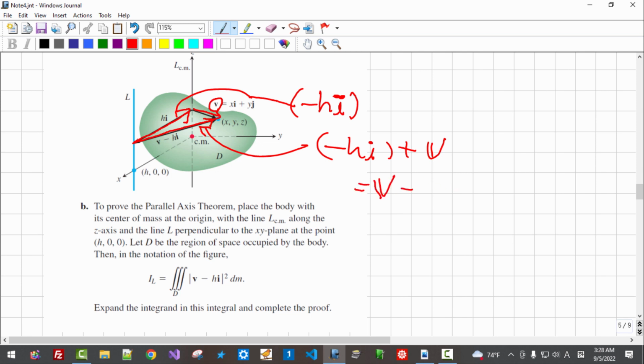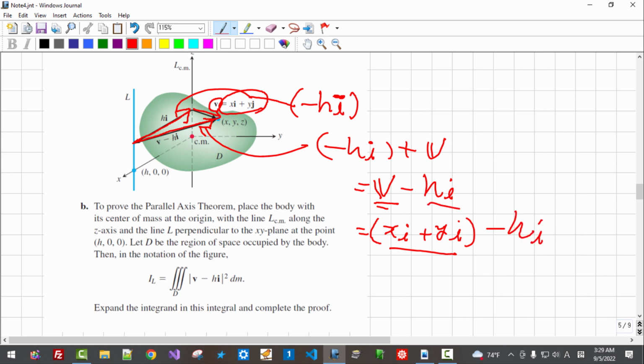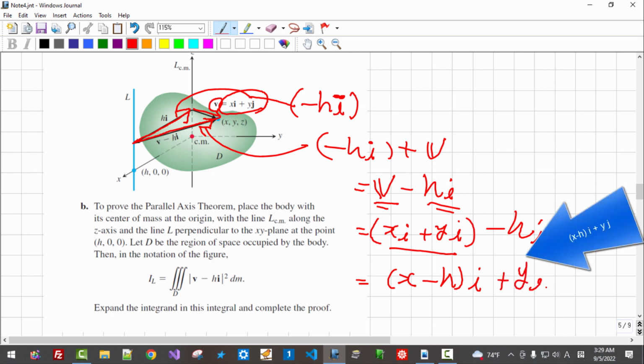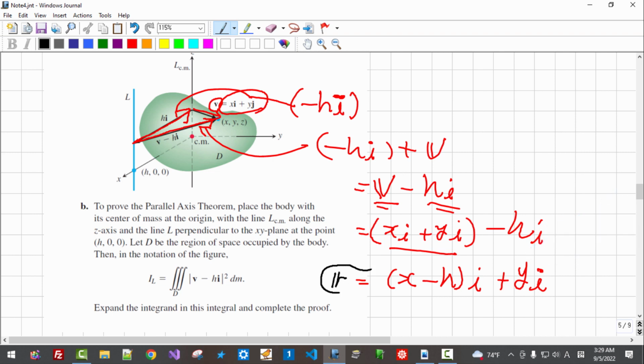So v minus h i, or xi plus yj. This is v from here minus h i, this term. Then we have (x minus h) i plus y j. I would write it r.